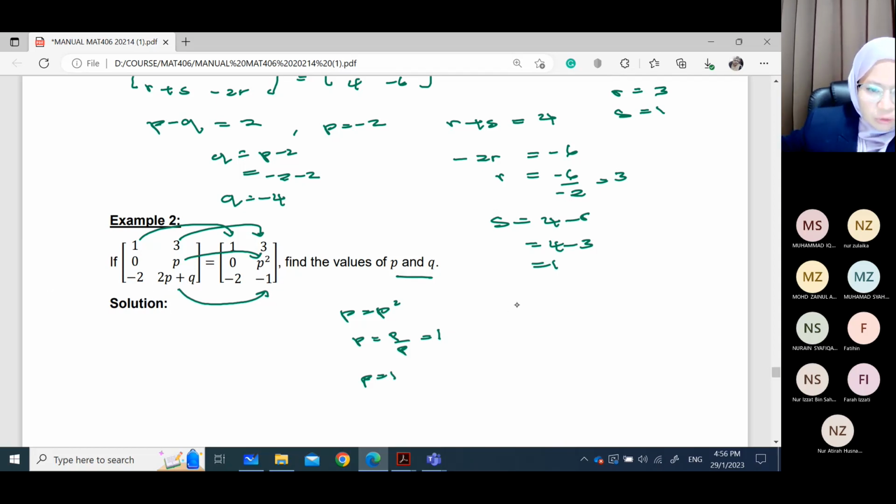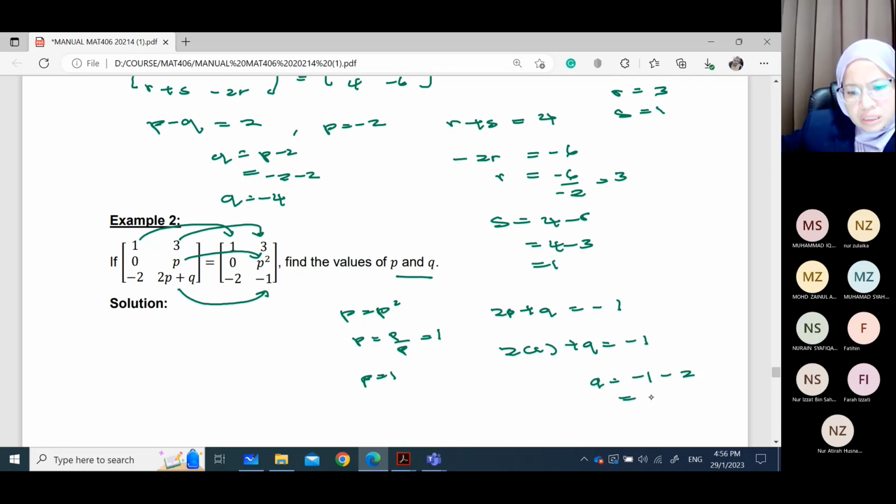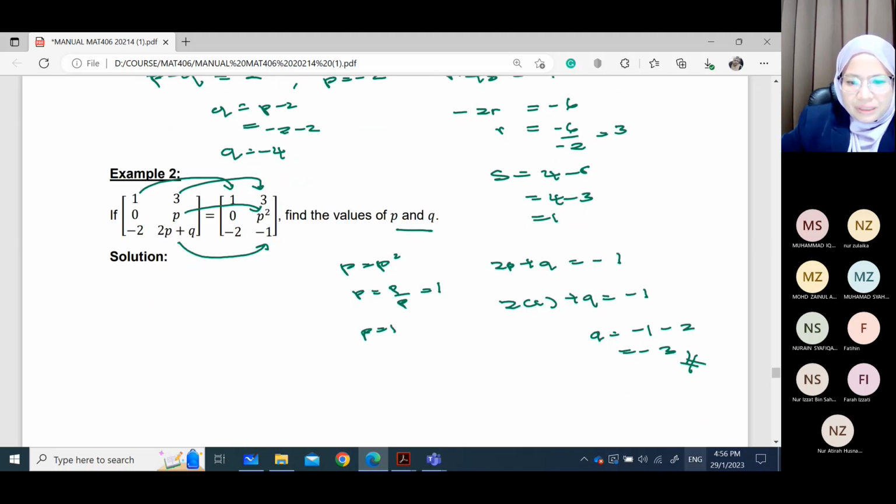Jadi yang kedua ni 2P plus Q, it is equivalent with negative 1. P is 1, so 2 times 1 plus Q, it is equivalent with negative 1. So Q equivalent with negative 1 minus 2. So Q is negative 3. Okay? Boleh? Right, so ini adalah equal matrix.